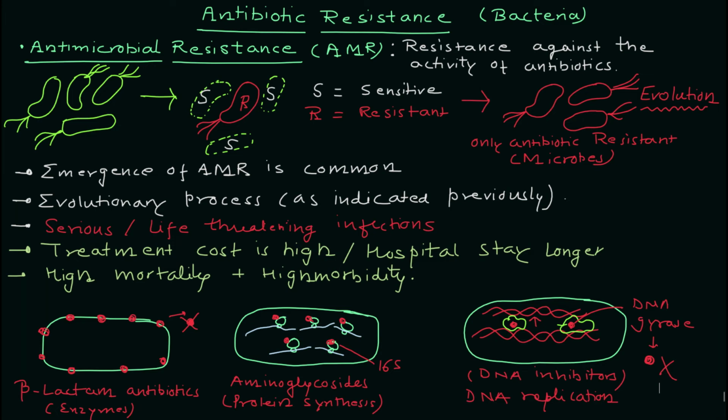So it is important that we try to use antibiotics with awareness. We need to understand that the activity of the antibiotic is precious. We don't want to lose the activity. We don't want to develop strains that are resistant against the antibiotic. So these points are important, and we need to consider them. Otherwise, it will be too late for us to develop antibiotics and then treat the infections.